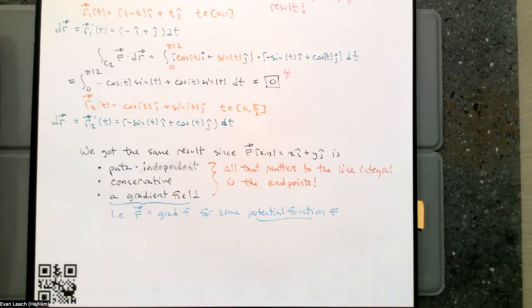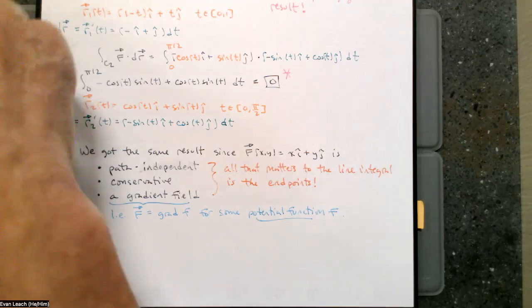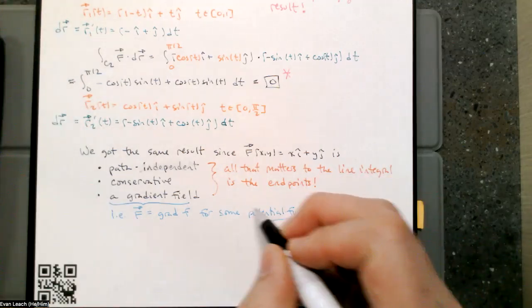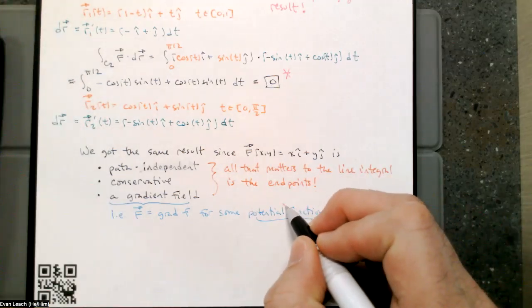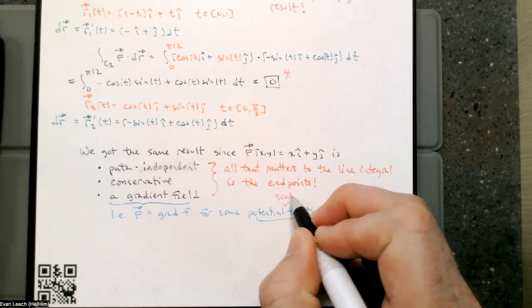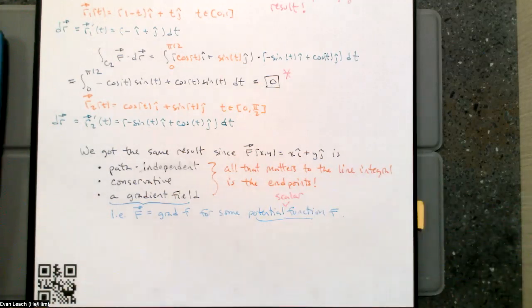So when we say that the vector field is a gradient field, that means that it's the gradient of some potential function f, some scalar potential function f. It's just a scalar function.